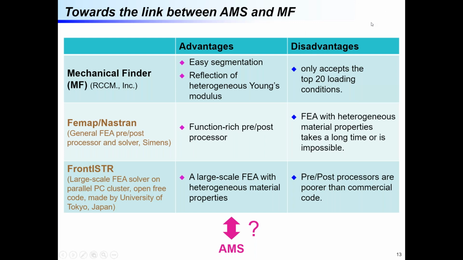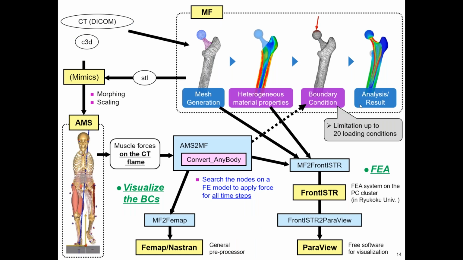So this is our current computational framework. These are Mechanical Finder, AnyBody, FEMAP, and FrontISTR. We developed 4 data converters, displayed in blue color. FEMAP is used to visualize the boundary conditions, and FrontISTR is used for large-scale FEA.